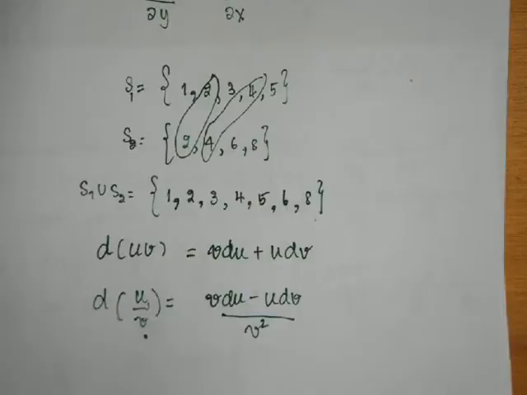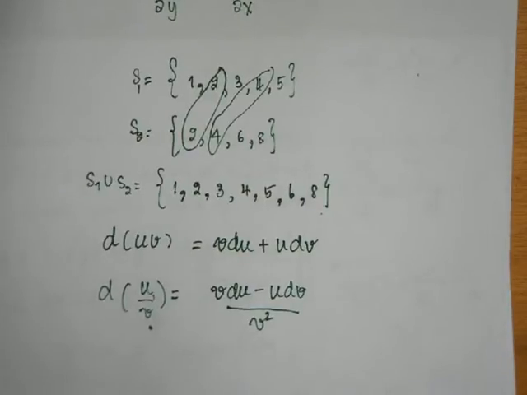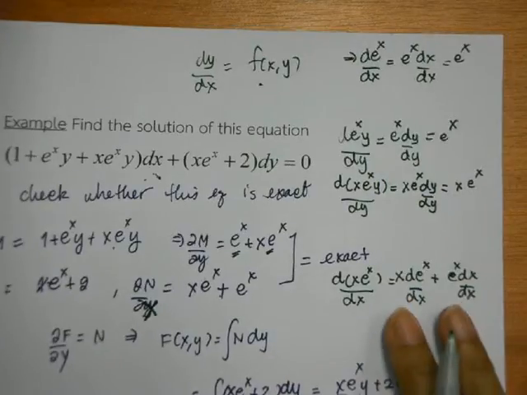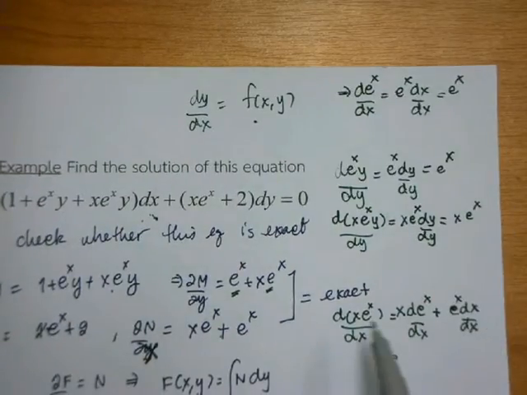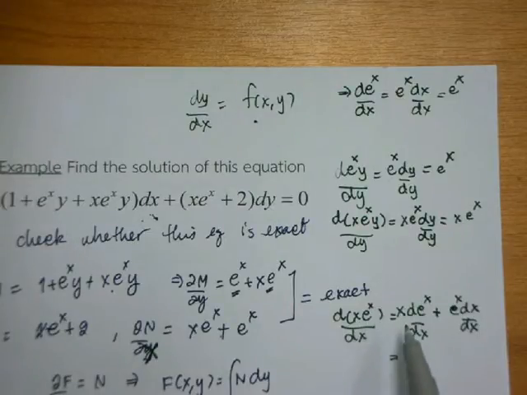Okay, this is the formula that you should know before you come to this class. So that's why I got this. Because if x is u and e^x is v, the derivative of uv is equal to u dv plus v du. So that is why it's coming this way.